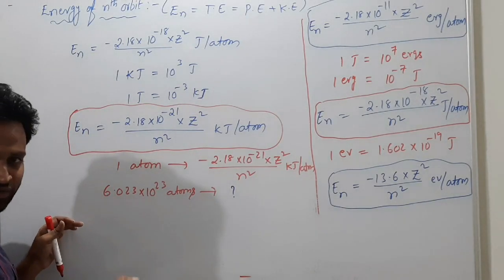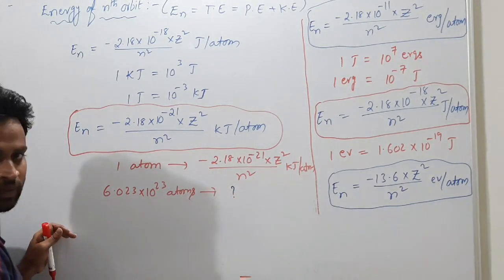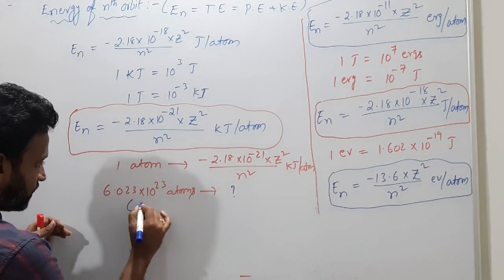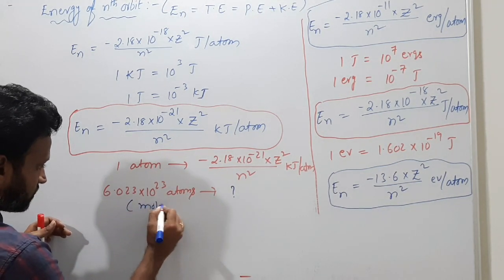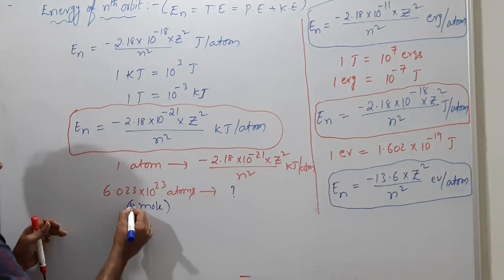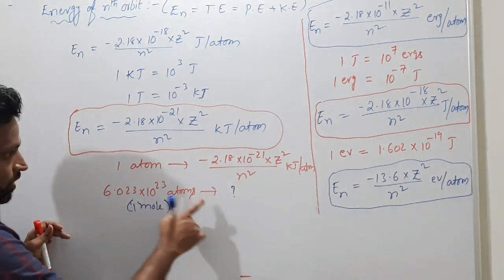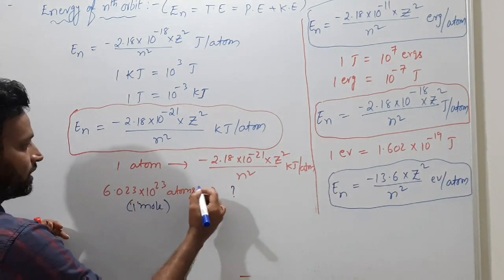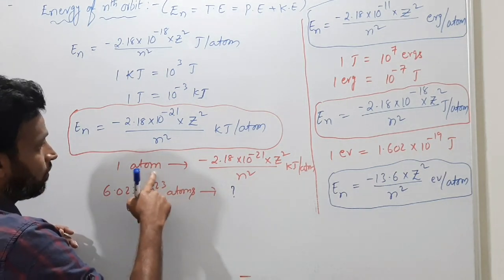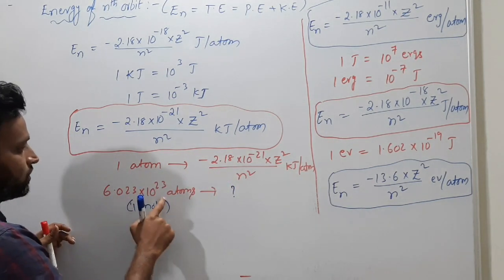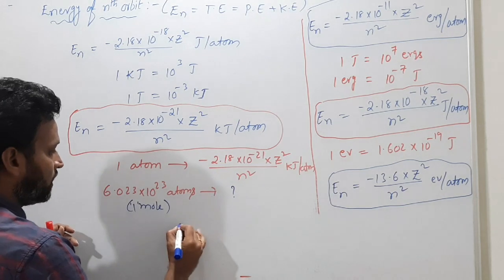Why I am differentiating with a different color, you know, otherwise you will mix both. 6.023 into 10 power 23 means how many moles? 1 mole. For 1 mole, what is energy? You have to cross multiply. 1 atom, this much energy; 6.023 into 10 power 23 atoms, how much?